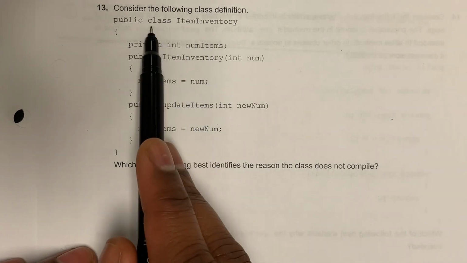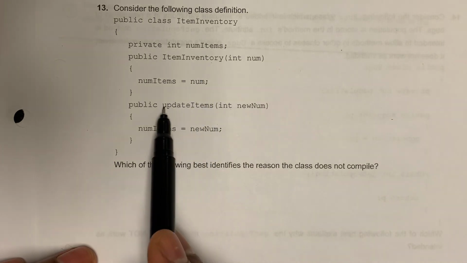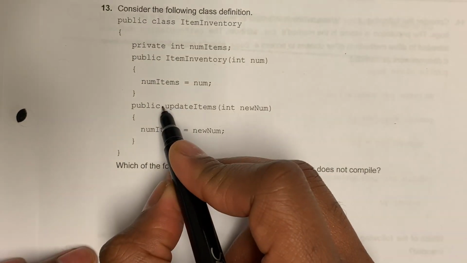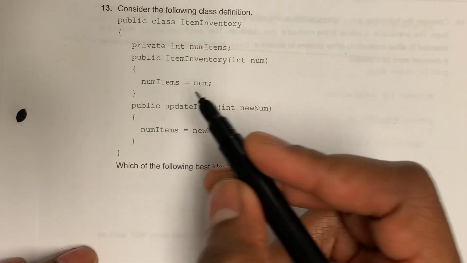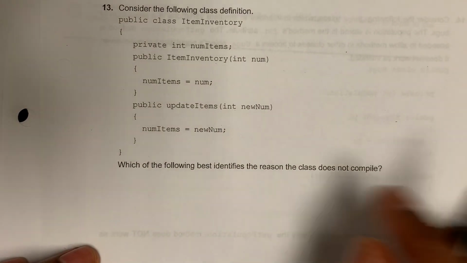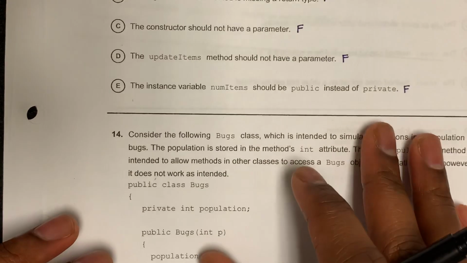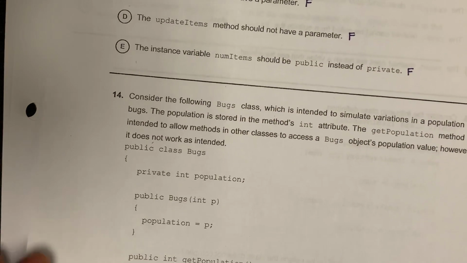But since our class is ItemInventory and we have an ItemInventory constructor, this method needs some sort of return type, be it void or int, boolean, double, something else after that. It needs to have a return type. So again, the answer is B because the method is missing a return type.